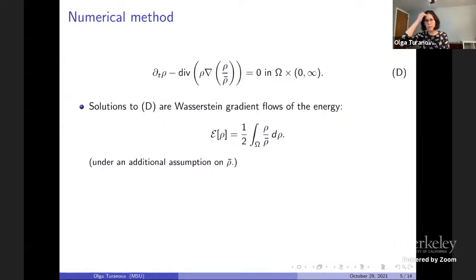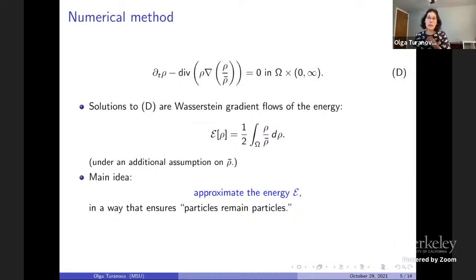Formally, this is evident from taking the functional derivative of E and seeing that it corresponds to the correct term in the PDE. And rigorously, this is true under an additional assumption on rho bar, which I'll talk about in a little bit.